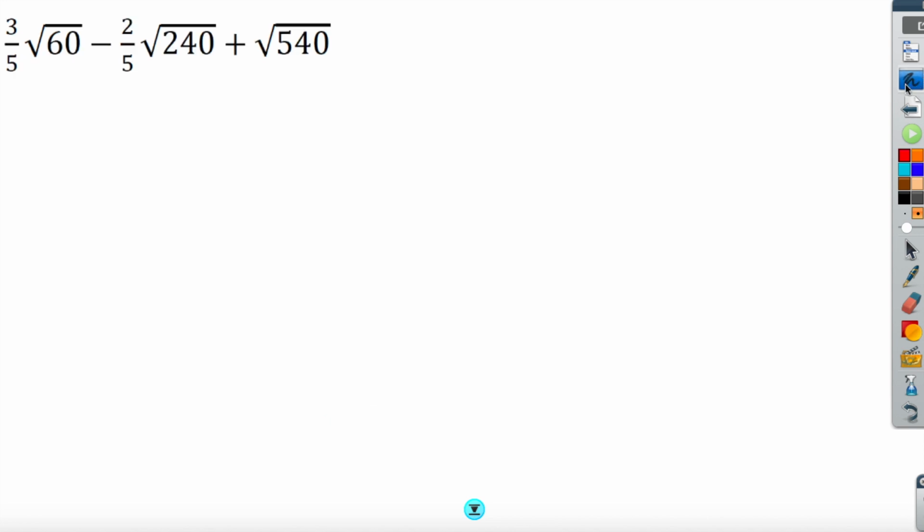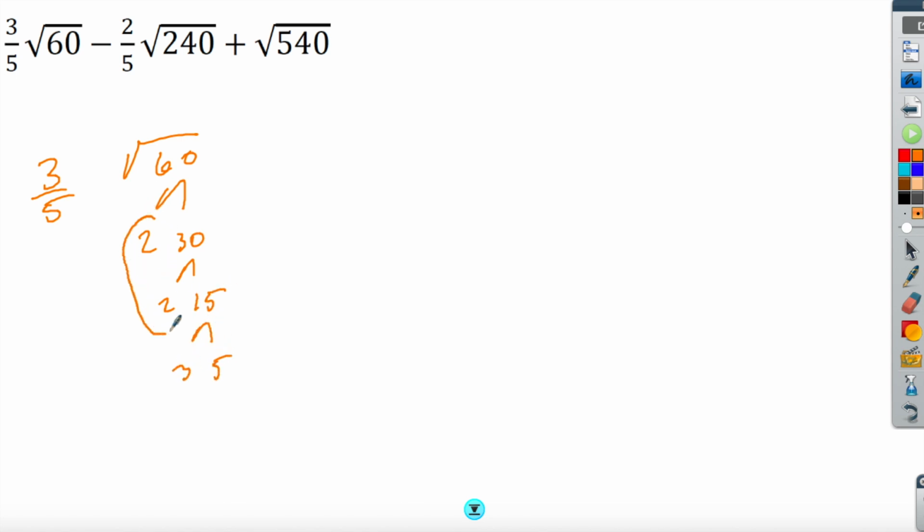This one looks pretty big and long, but it's not too crazy. First thing I want to do is look at all of these numbers here, and I want to simplify all my radicals. So I'm going to have 3/5, and then I'm going to have radical 60. So this could be 2 and 30, 2 and 15, 3 and 5.